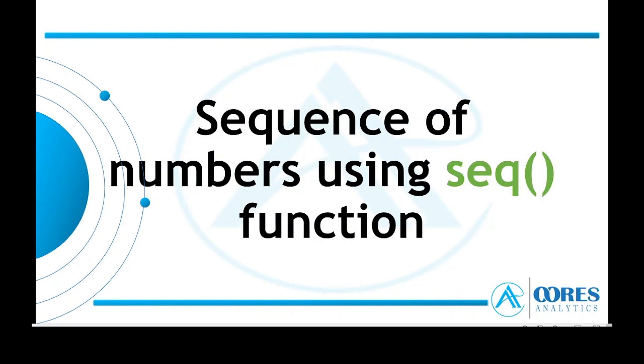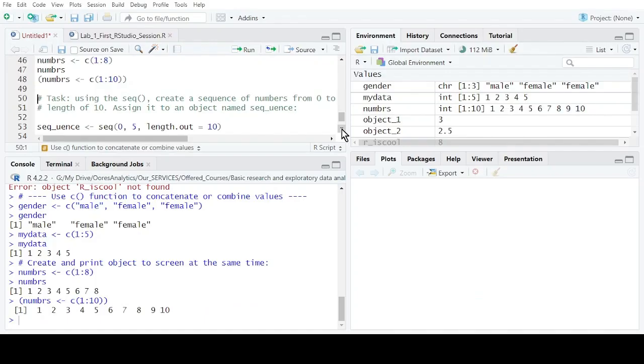Finally, let's create a sequence of numbers using the seq function. We're going to create a sequence of numbers from 0 to 5 with a length of 10, and we're going to assign it to an object named seq_ten. As usual, we're using the seq function to create that.